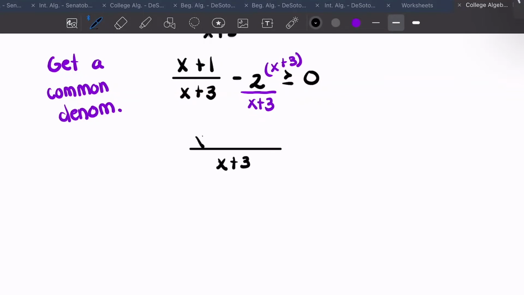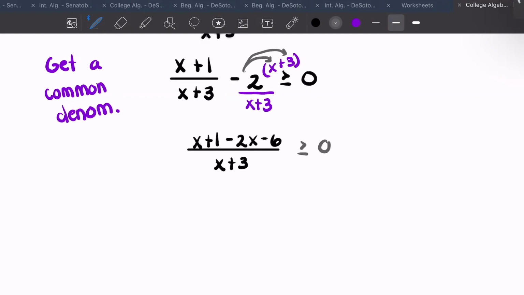So we have x plus 1 minus 2x minus 6. Where did I get that from? I distributed my -2 through. Okay. -2 times x is -2x. -2 times 3 is -6. Greater than or equal to 0. Okay.